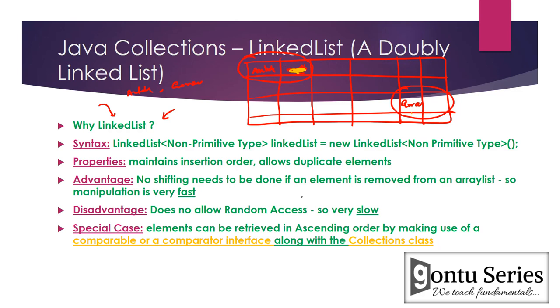So let's say this memory address is 1298. So here it's going to store 1298, and here it's going to store null. Have you understood the point?